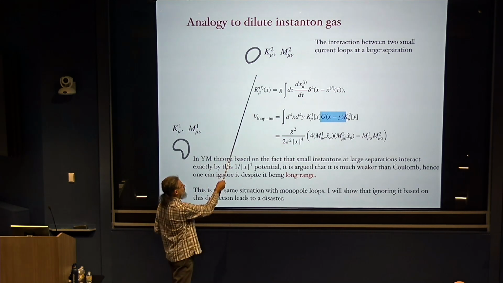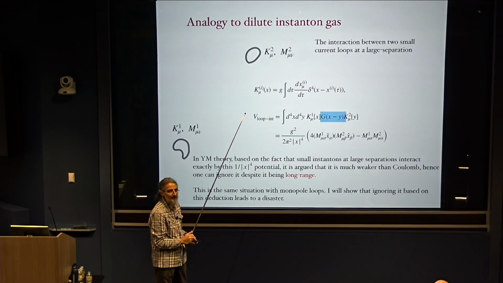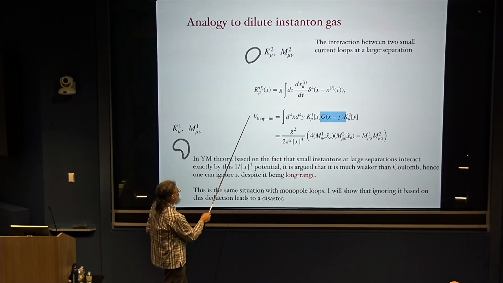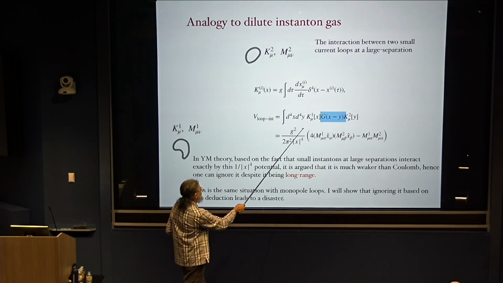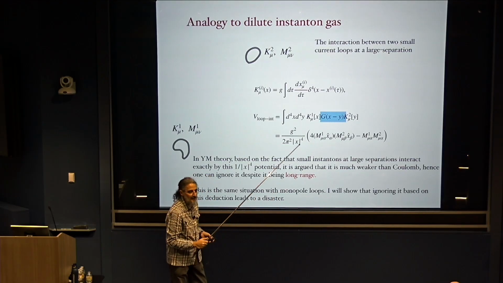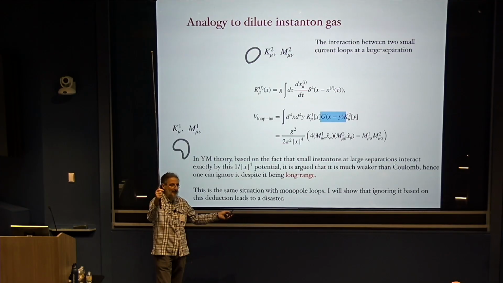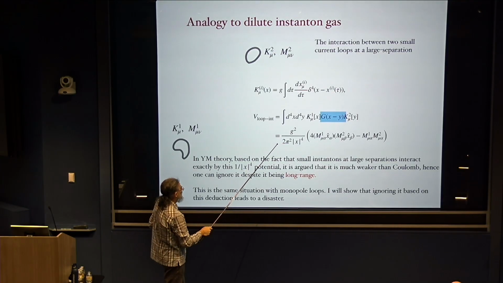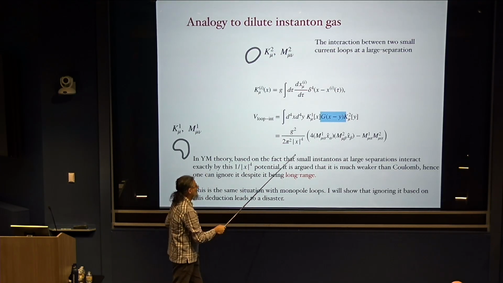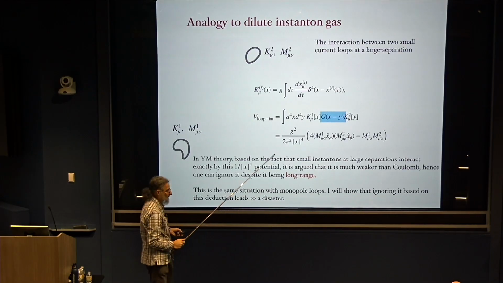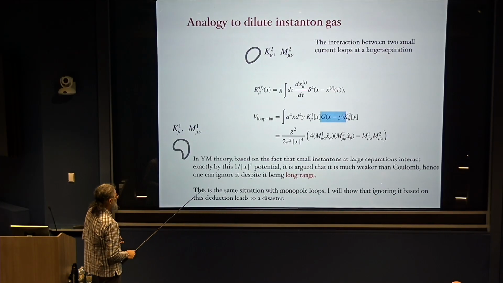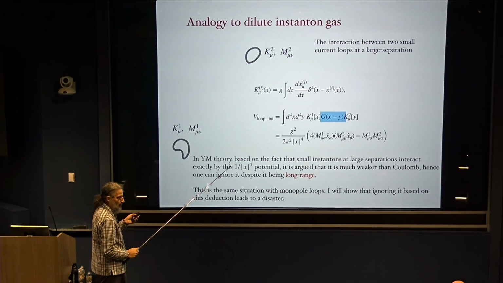And let me call the current K as magnetic current. These are my currents, and this is the standard current-current interaction. But let me take them far apart. I already gave the answer, but if you calculate this, go ahead, calculate this, you will find this dipole-dipole interaction, which is very nice. Now, what is the problem?